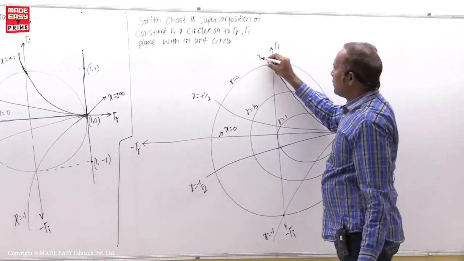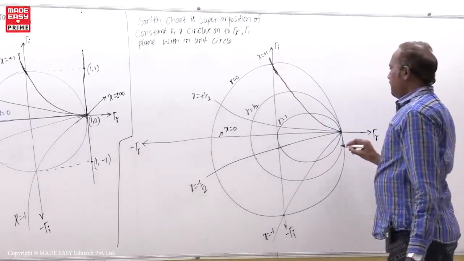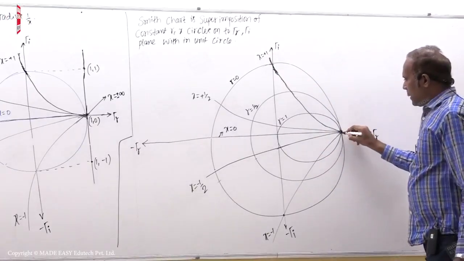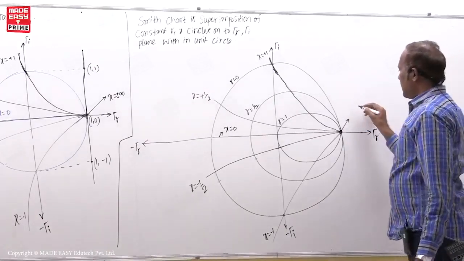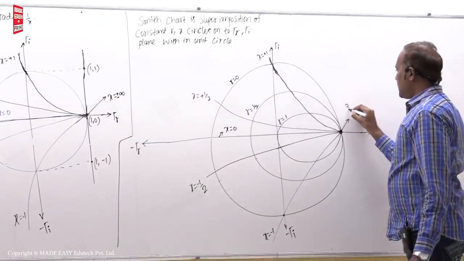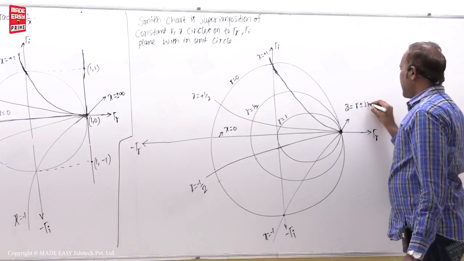This is x equal to plus 1 circle. Now, what is this? Can you tell me, dear students, this location? At this location, small z is equal to r plus or minus jx.